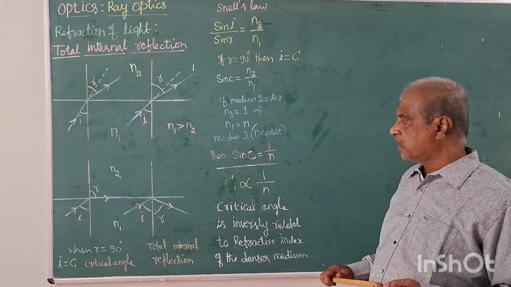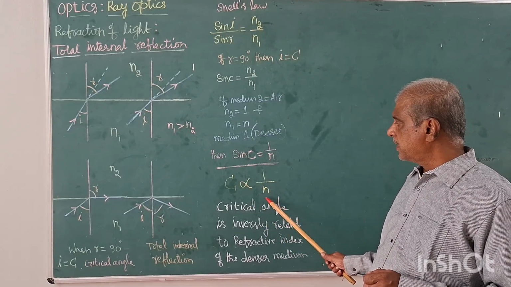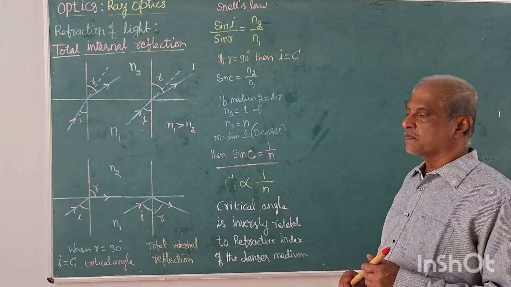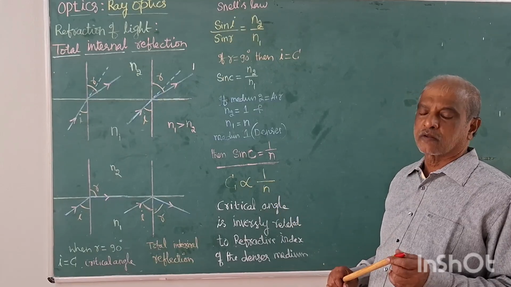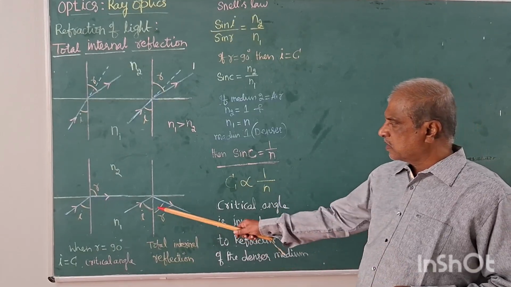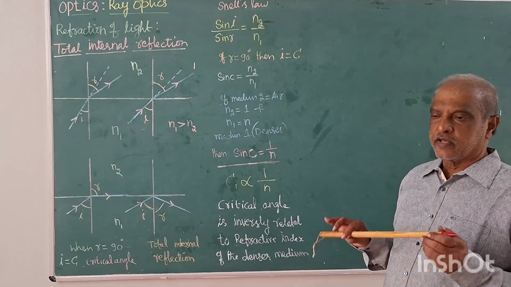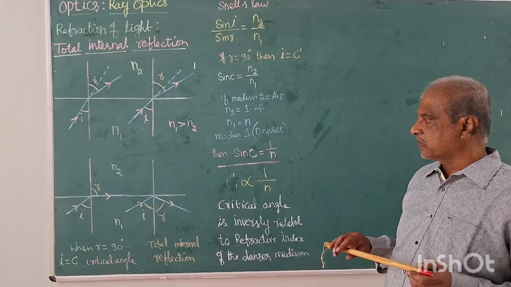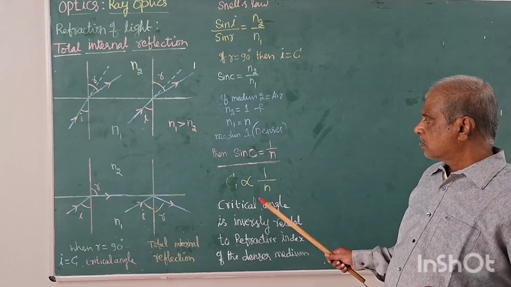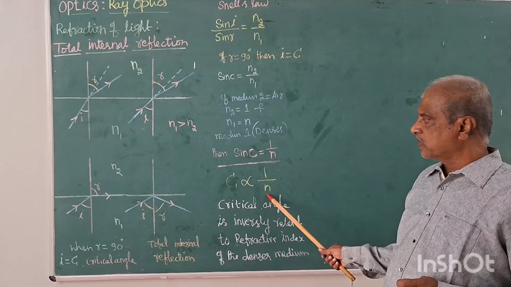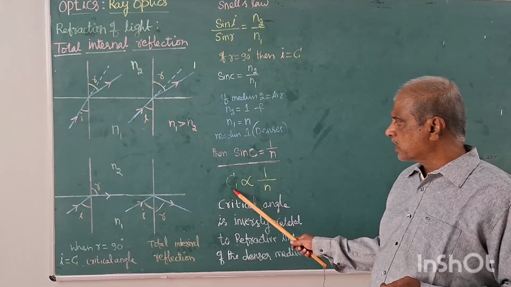If any material has a very high refractive index, we can observe this kind of total internal reflection. Any denser medium, maybe a solid or liquid, with a high value of refractive index produces a lower critical angle.